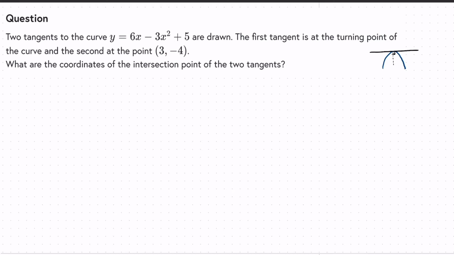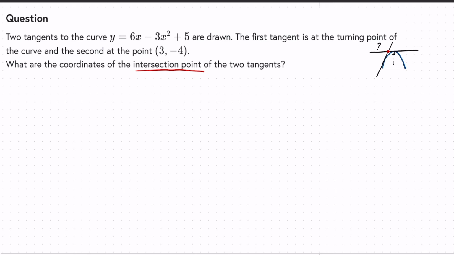The second one is at (3, -4). That could either mean it's here or somewhere like here. We don't know yet, but let's keep this in mind. What we're after is this point here, which will be my intersection point. Whether it's on the left-hand side or the right-hand side is much of a muchness at the moment.